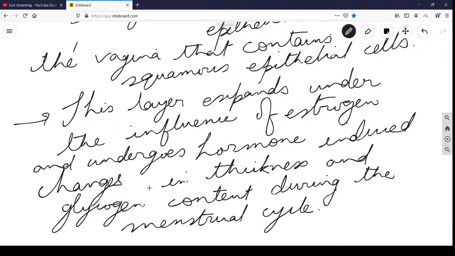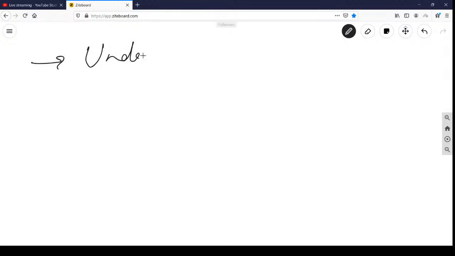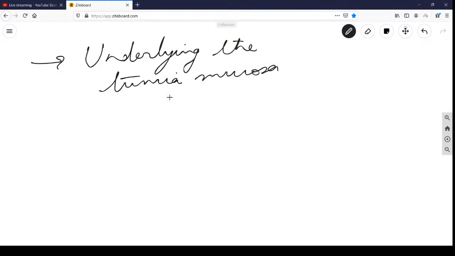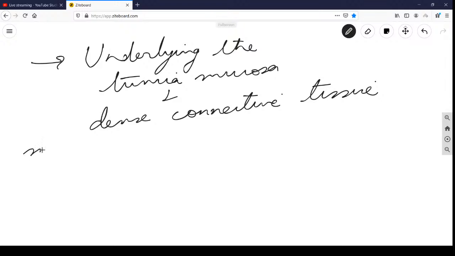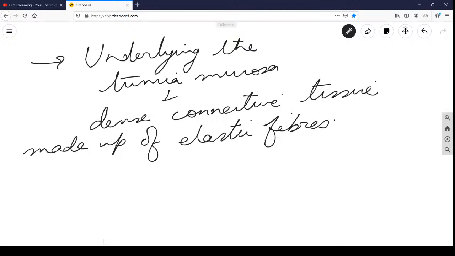Just underlying the tunica mucosa is a layer of dense connective tissue made up of elastic fibers, and these elastic fibers are made up of the specific protein known as elastin. You have three types of fiber in connective tissue.